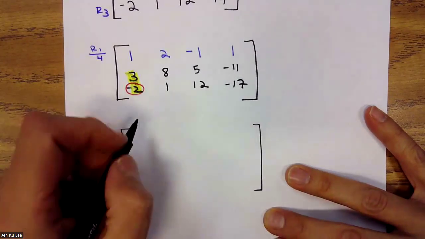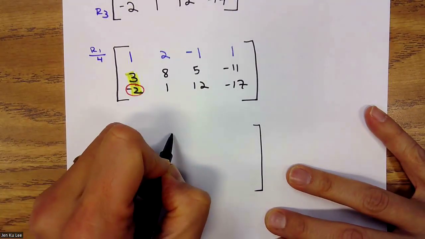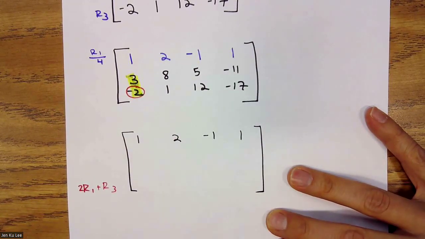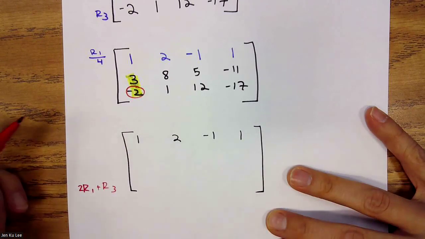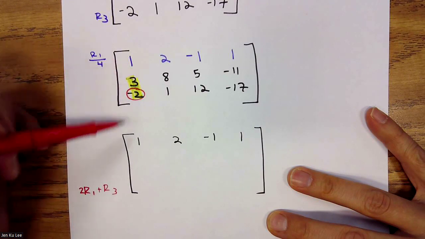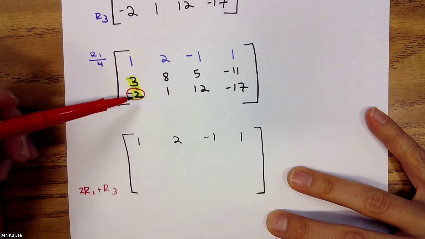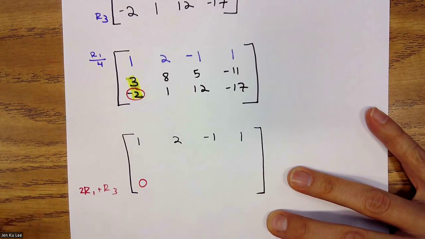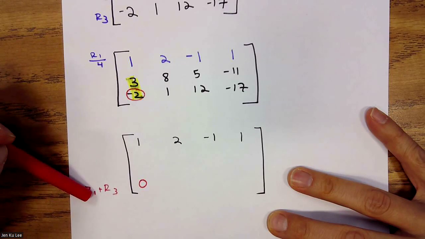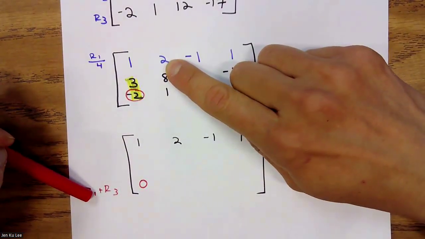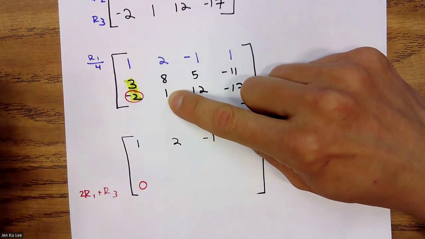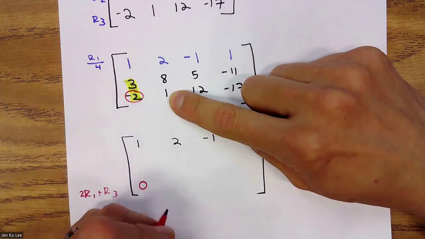But before I do, I'm going to write that first row down here: 1, 2, negative 1, 1, because I'm not going to do anything with that row. So 2 times 1 plus negative 2, that's a 0. 2 times 2, which is 4, plus 1 is 5.